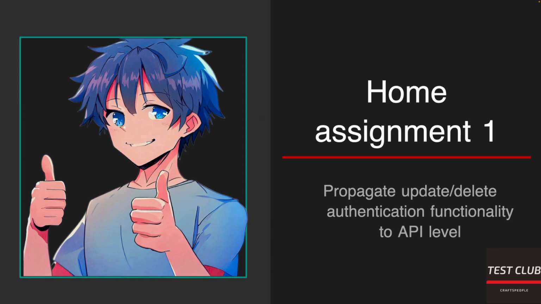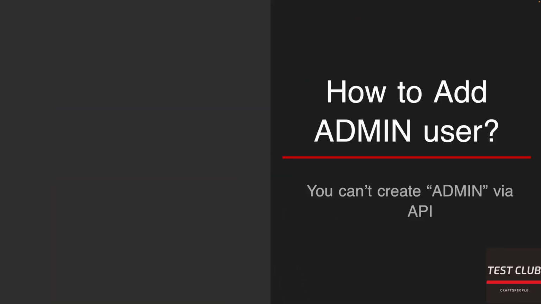And as your first homework assignment for the authentication verification lesson, I would suggest you propagate update and delete functionality to the API level. Update and delete authentication and authorization functionality in this case. And how are we going to add an administrator user?